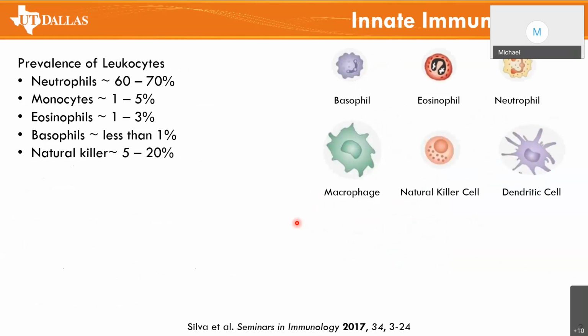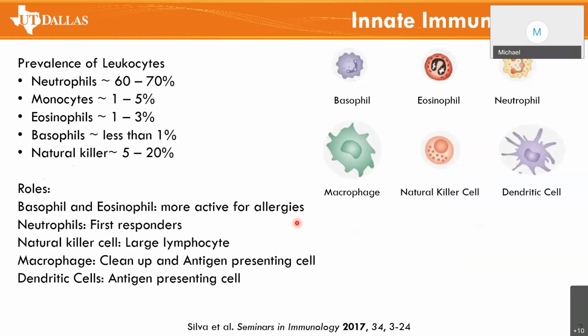So the innate immune system is composed of different leukocytes. These leukocytes are neutrophils, monocytes, eosinophils, basophils, and natural killer cells. The roles in the body for basophils and eosinophils are more active for allergies. Neutrophils tend to be our first responders, and they are the most abundant.